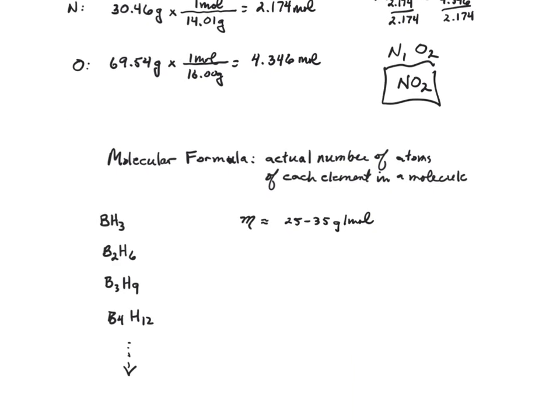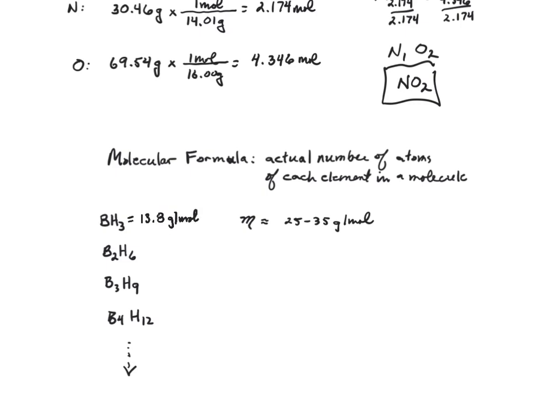So we take that 10.81 and then add to it 3 hydrogens, which are each 1.008. Okay, and we get 13.8 grams per mole.